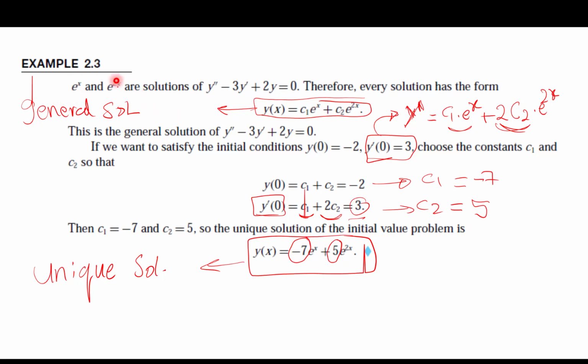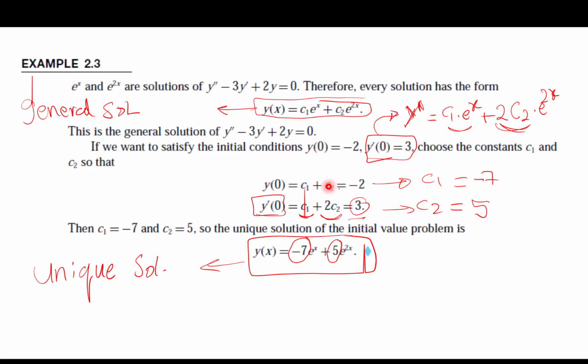Based on the fundamental set of solutions, we obtain the general solution, which is a combination of the two fundamental solutions. And then we have initial conditions, which give us the value of the function at a particular value of x, which is x equal to 0, and the slope of the function at x equal to 0, where y prime equals 3.